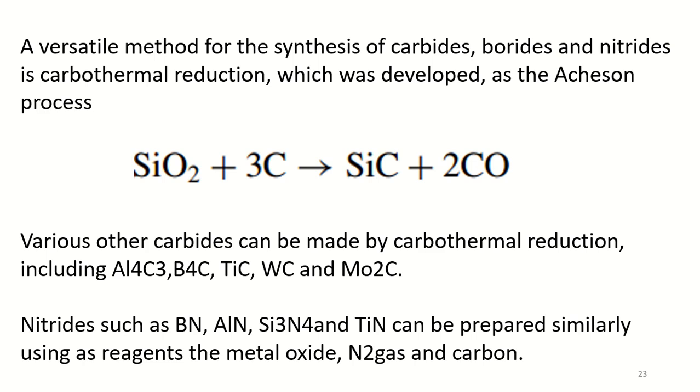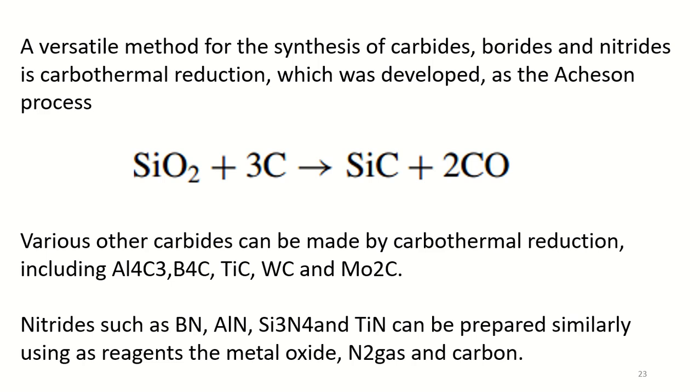Carbon is therefore added to the reaction mixture to achieve the reduction of both B2O3 and the metal oxide, although it should not feature in the boride product. Examples of borides synthesized in this way include aluminium boride AlB12, VB, VB2, and TiB2.